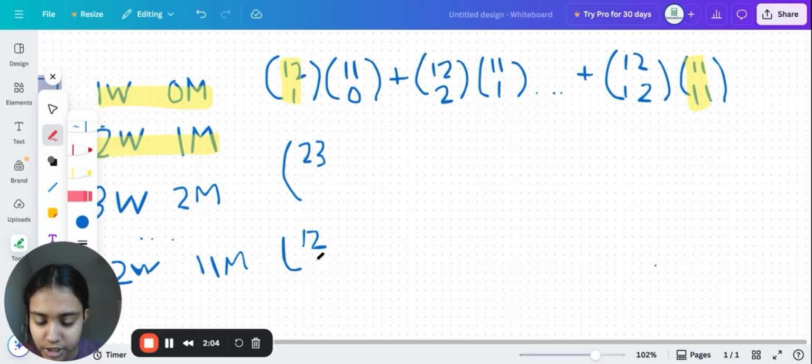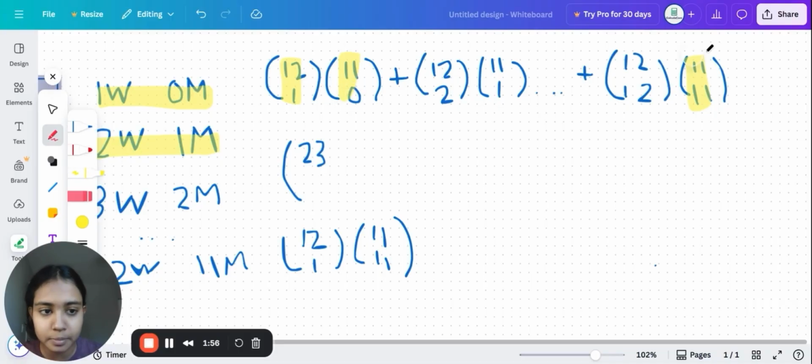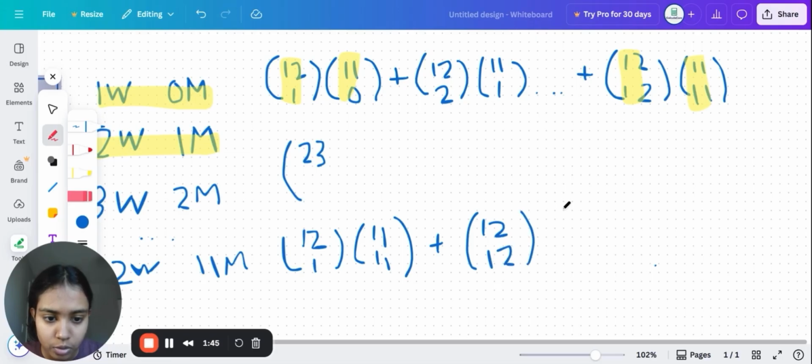So we could rewrite this combinatoric expression as 12 choose 1 with 11 choose 11. And then we would also group the second term together with the second to last term, so plus 12 with 11 choose 0.